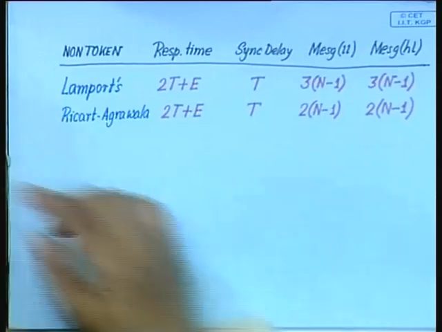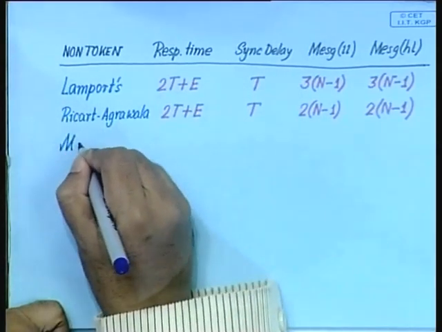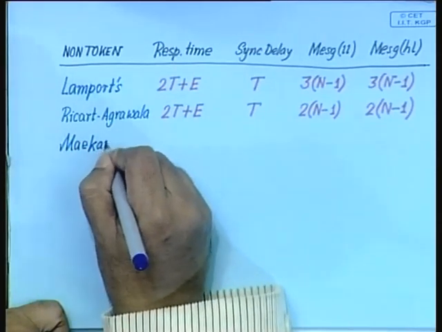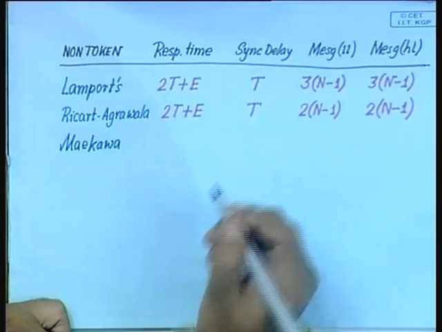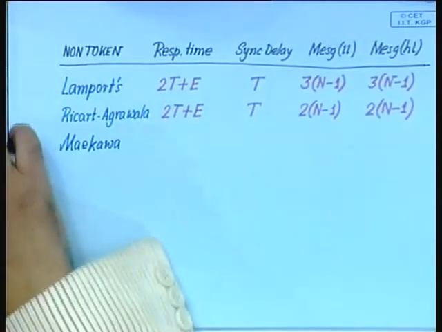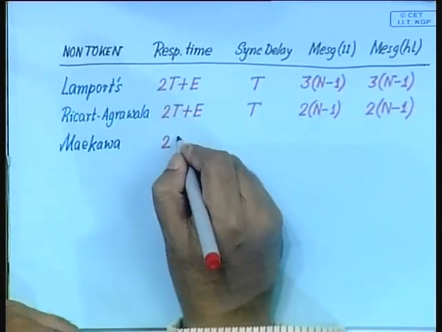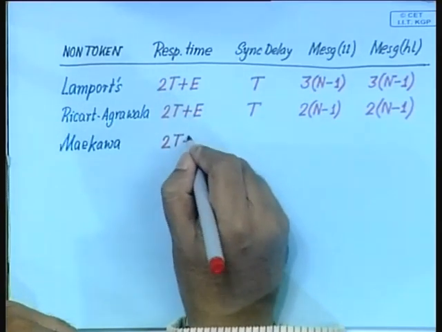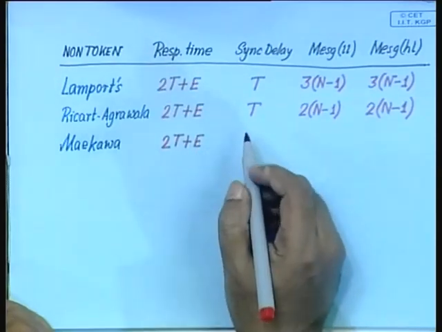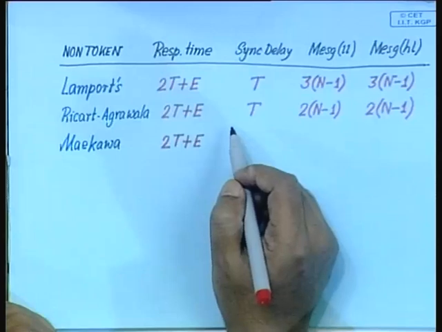Okay. Now, let us look at Maekawa's algorithm. This is 2T plus E again, because you have to send request to your request set, get the responses back from your request set.